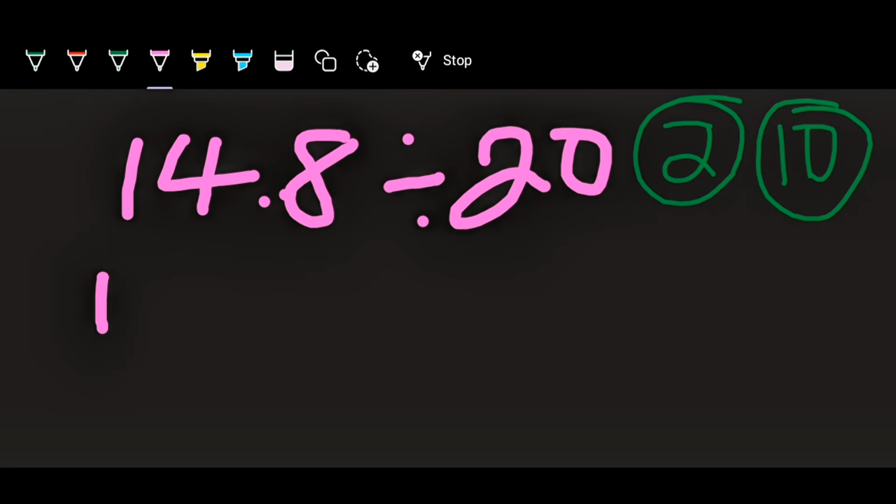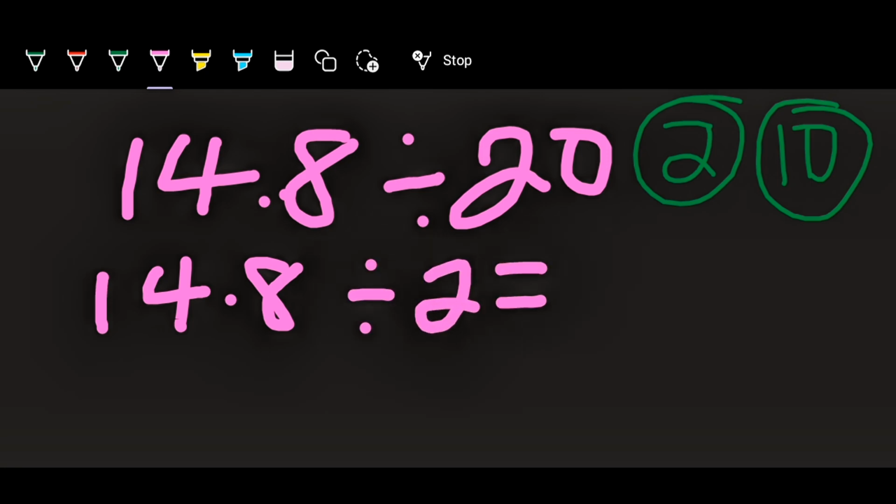So we would first divide 14.8 by 2, and we would get, so 2 into 4, 2 into 8, that's 4, point, and then 2 into 14, that's 7. Then now we would divide by 10, correct?